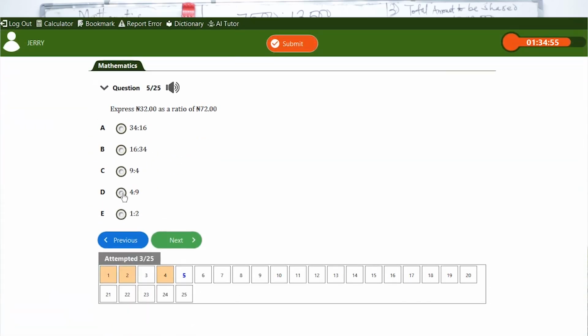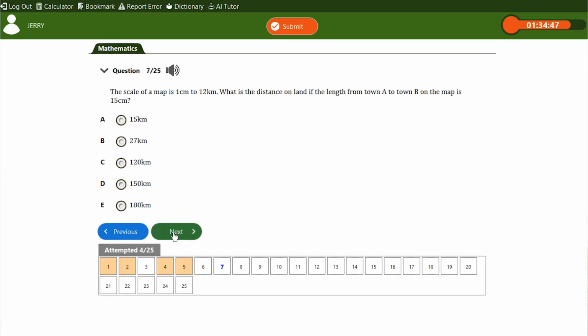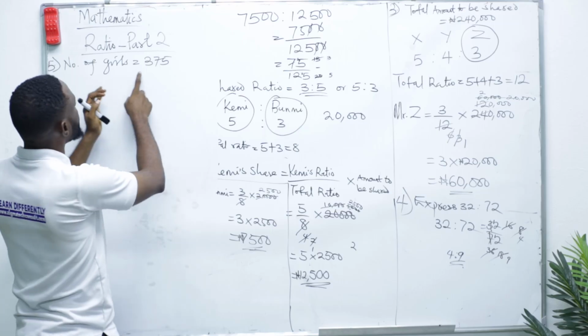But let's look for some more complex examples. Okay, let's look at this. The number of girls in a mixed school is 375.